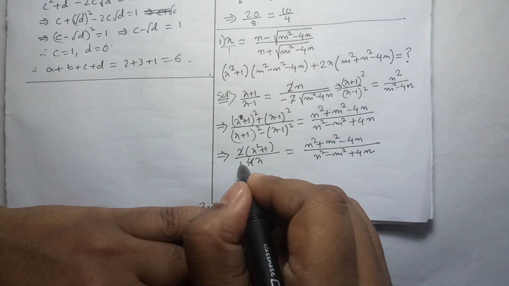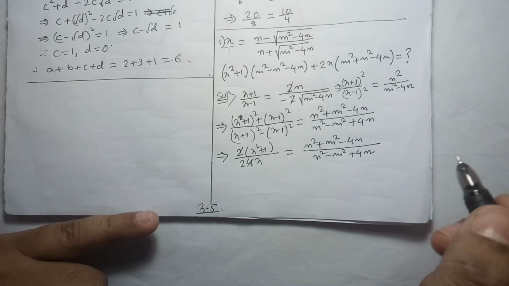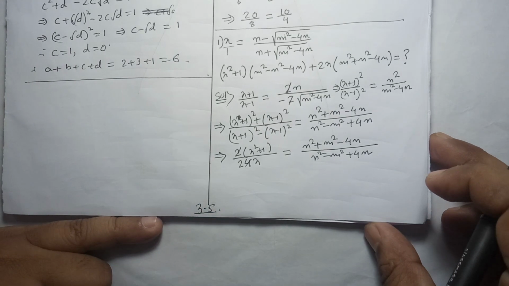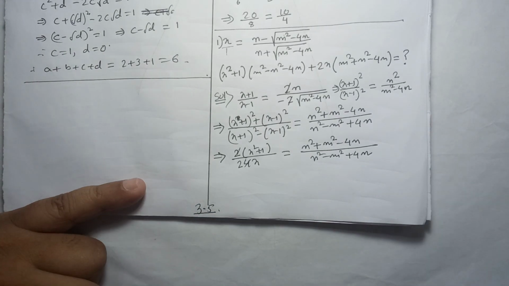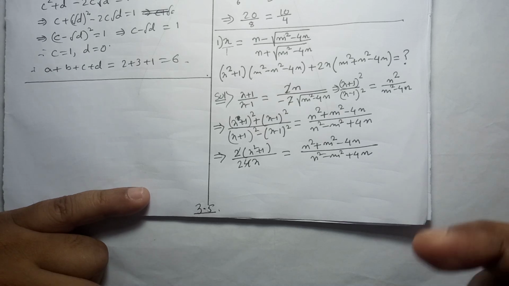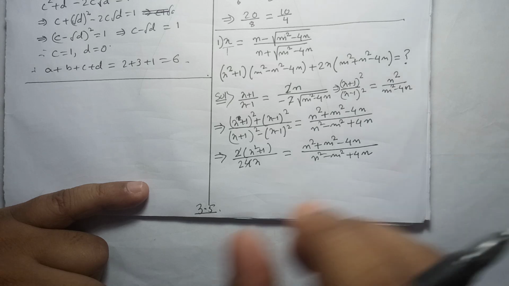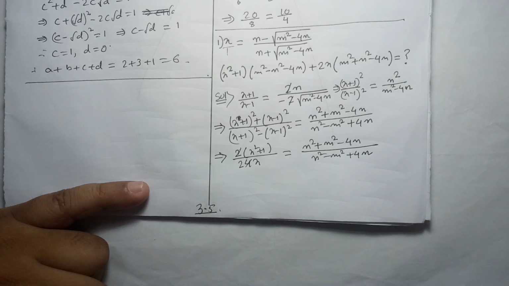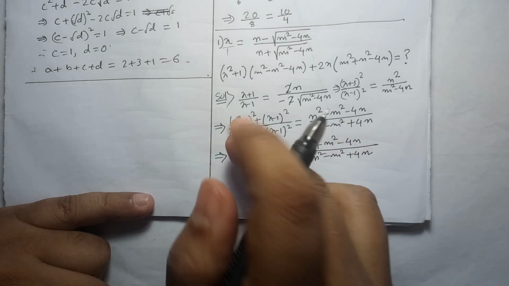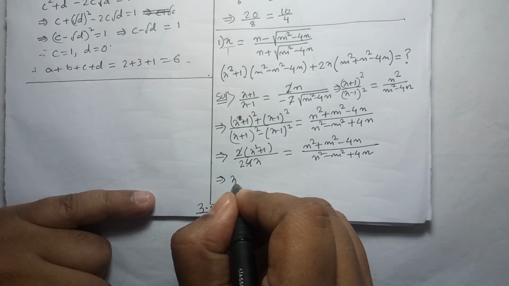So then 2x, right? So I just cross multiply these two.